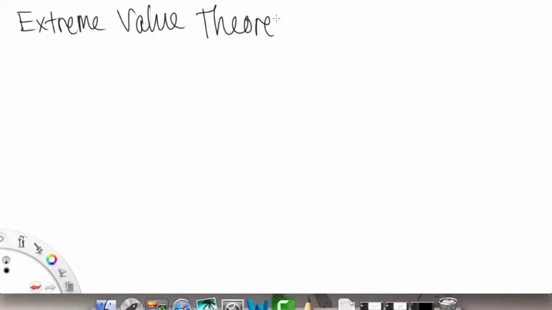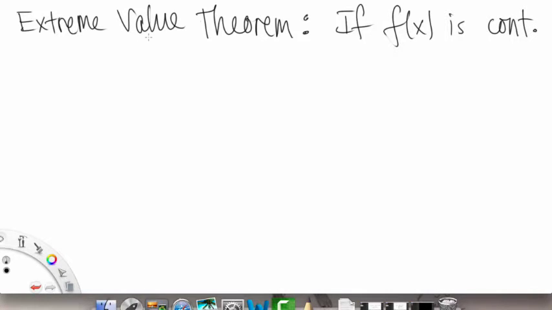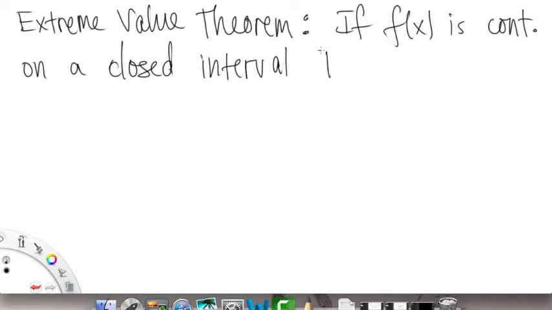So this leads us to the extreme value theorem, which is basically a theorem that says if we do have a function, so if f of x is continuous, I'll abbreviate, on a closed interval, so that eliminates the possibility of having open intervals, right? On a closed interval, and we'll just call it I equals a to b, all right?